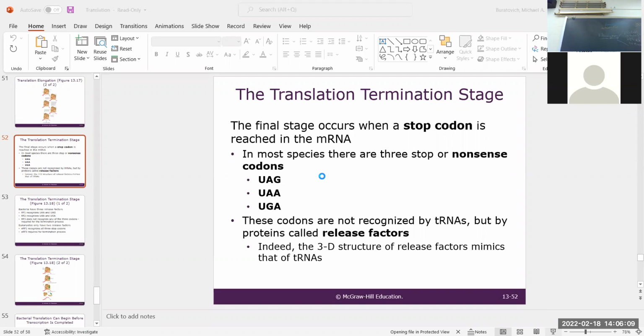Eukaryotes only have one that recognizes all 3 stop codons, and then it has its partner in crime that helps it terminate translation, called eRF3. They bind to the A site and they fool the peptidyl transferase. The peptide is released, translocase binds, and the whole thing goes kablooey, essentially.